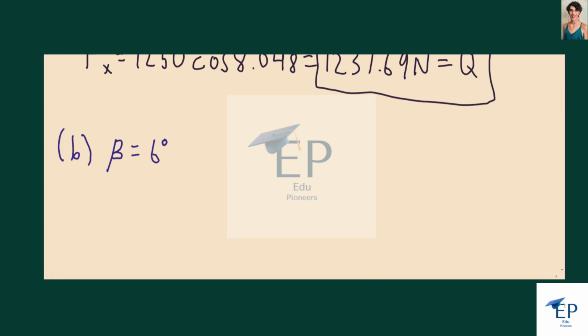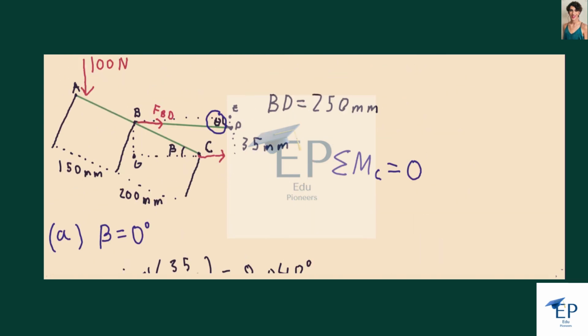Now this free body diagram is no longer going to be a flat surface like when beta was equal to 0. It's now going to be an incline, just like in this free body diagram. So we're going to solve for some unknowns now that this incline is here, but we're still going to use the same steps to get our final answer.